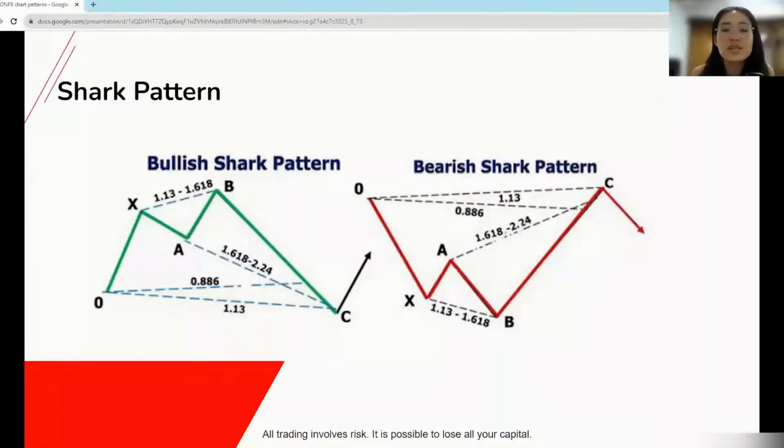After the impulse wave XA, the corrective leg should end between 38.2 and 61.8% retracement of the impulse leg XA here. Okay. So you can see the arrows. Once price breaks out of this level here, then we're expecting it to reverse. Similarly over here, we're expecting it to reverse.